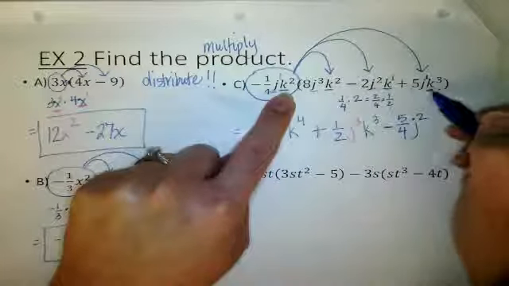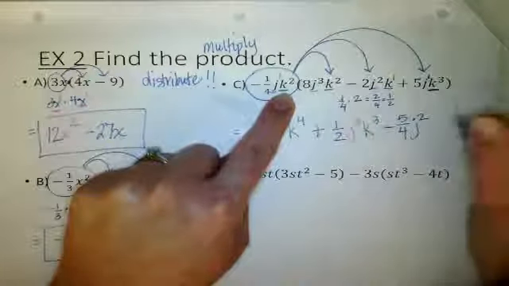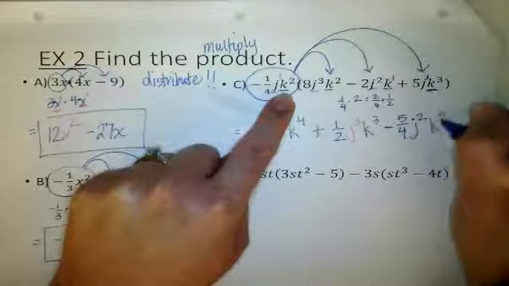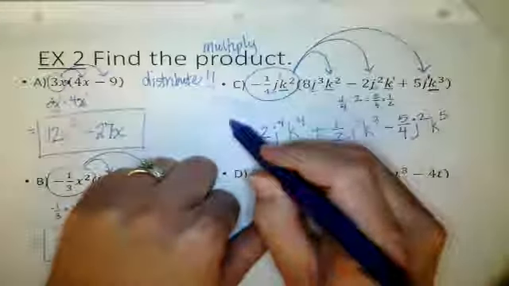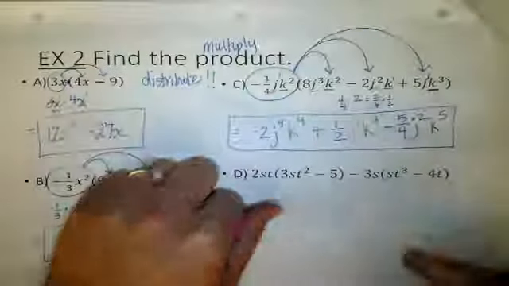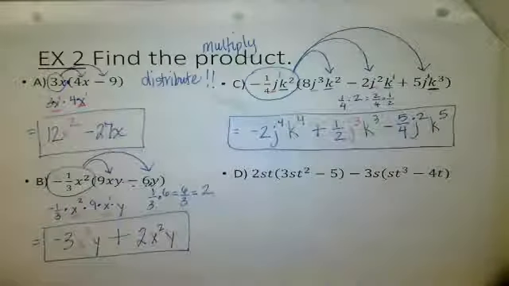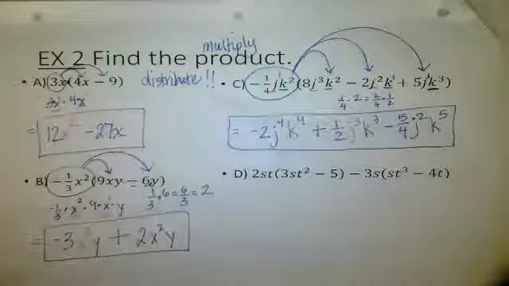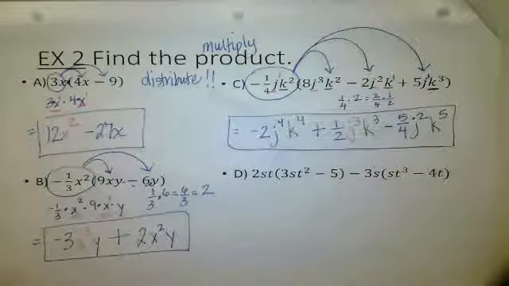And k squared times k cubed? K to the 5th. Any questions thus far? All right, last one.